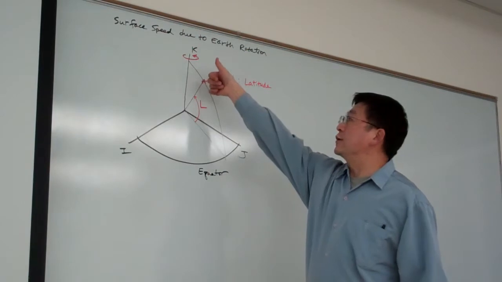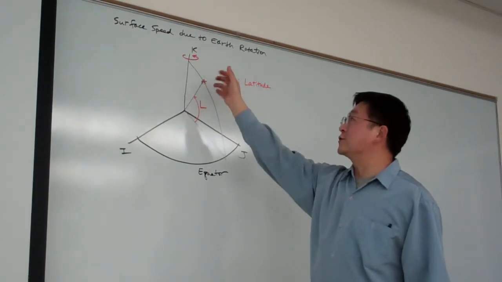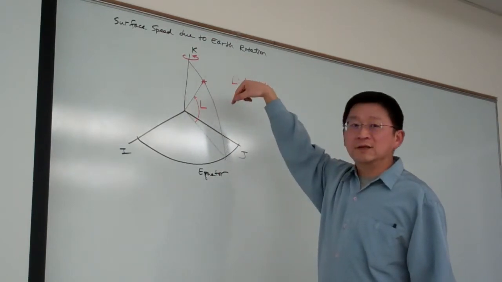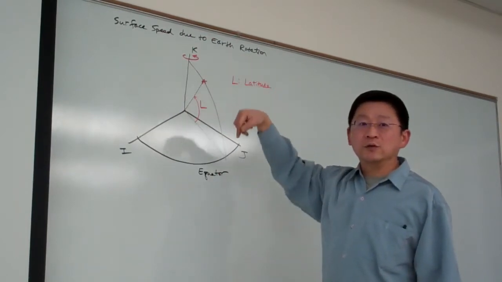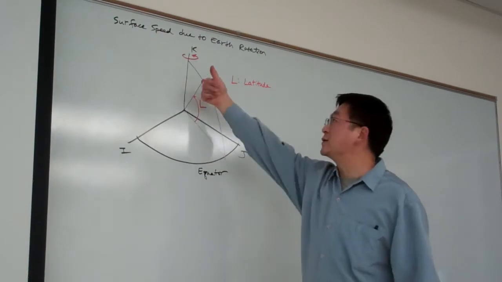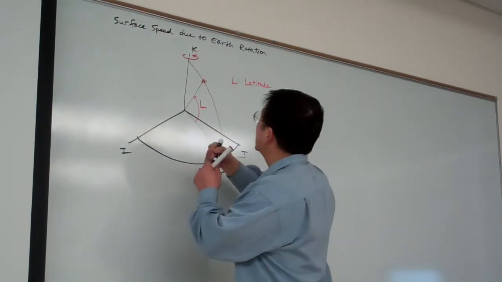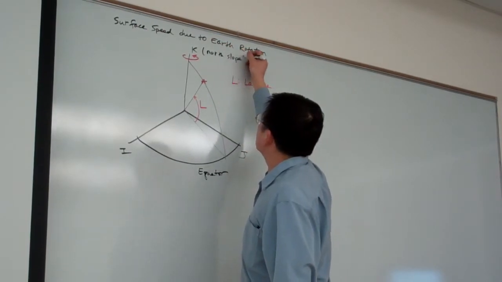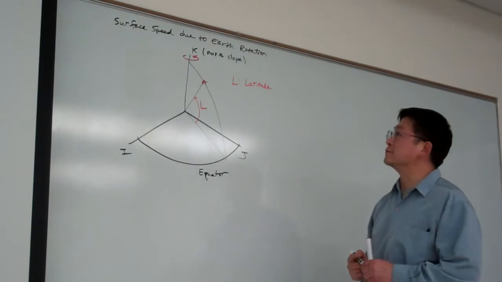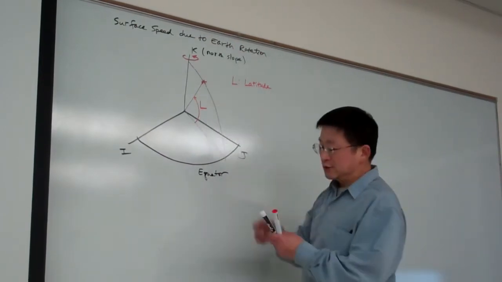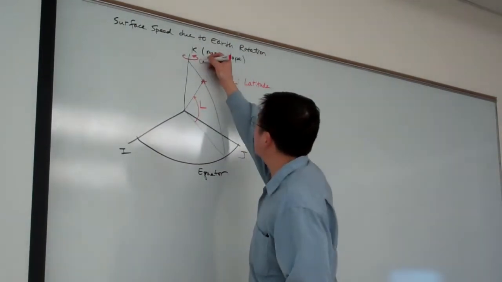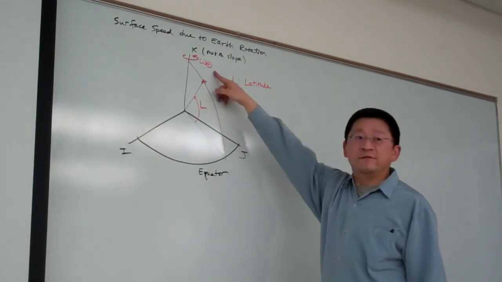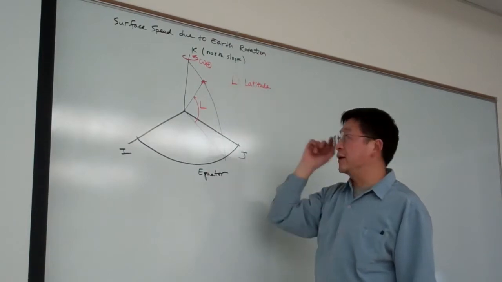If you put your thumb up, the Earth's rotation is in this sense, counterclockwise if you see from the top, from the North Pole. So this is our North Pole. This is the Earth's rotation, and this is omega. We can always find this number from the appendix.